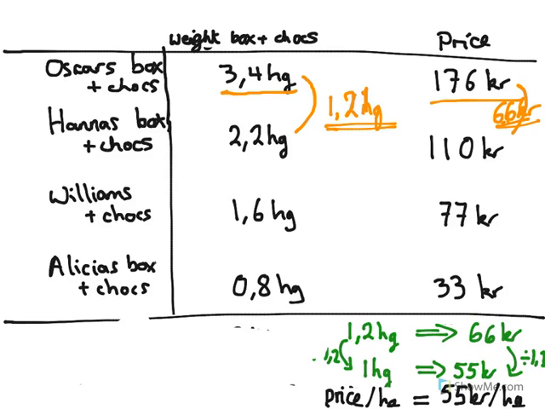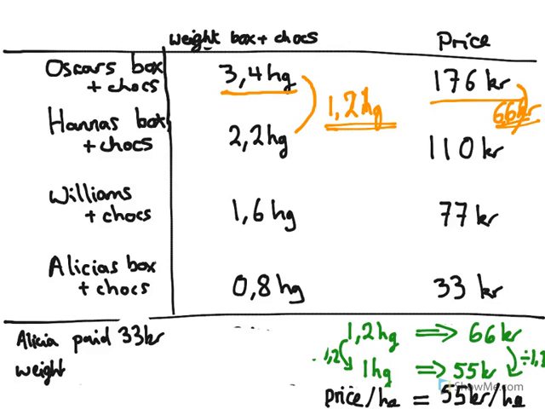The next thing we need to work out is, what is the weight of the empty box? Well, let's take Alicia's weight here. Alicia paid 33 kronas. And we know that the cost of the chocolates is 55 kronas per hecto. So what was her weight of chocolate then?